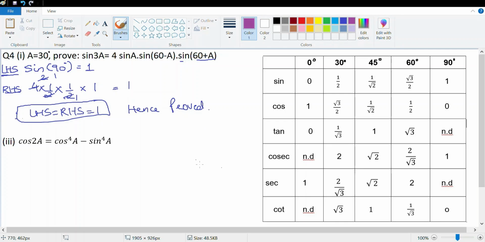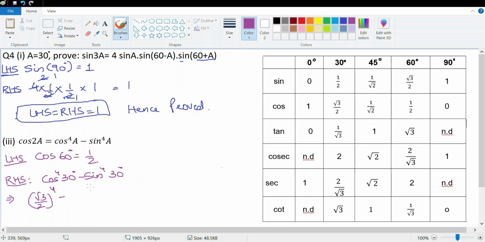Question number 4 part 3 says prove that cos 2A. Again, let's look at the left hand side. Left hand side is cos 2A, which is cos 60 degree, which is equal to half. Let's look at right hand side. Right hand side is cos 4A, so cos to the power 4 of A, where A is 30 degree, minus sine to the power 4 of 30 degree. Now cos 30 degree is equal to root 3 upon 2 raised to the power 4, minus sine 30 degree is half to the power 4.